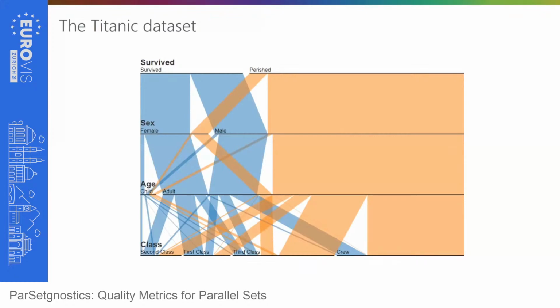This yields a total of 8 ribbons visualizing the 3-dimensional subsets. Finally, on the third level, we have the 4-dimensional subsets of all dimensions of the Titanic dataset, by also including the class dimension. On the lowest level, we have a total of 24 ribbons visualizing 24 subsets.